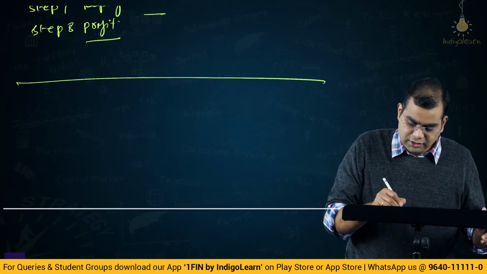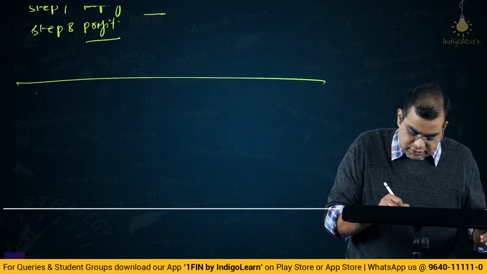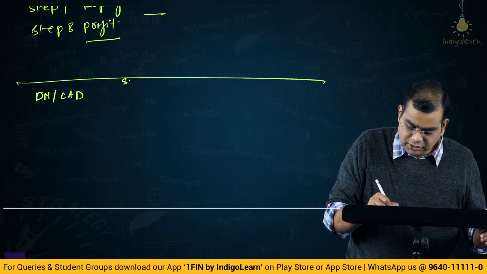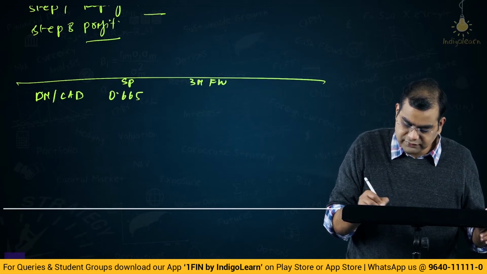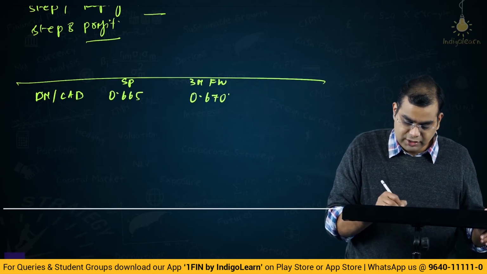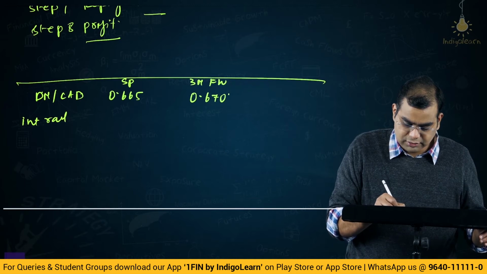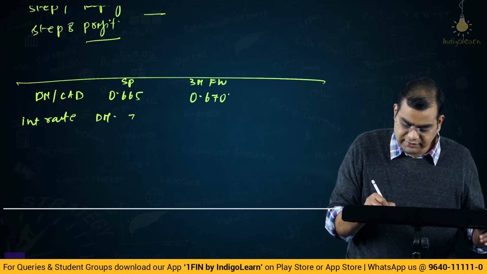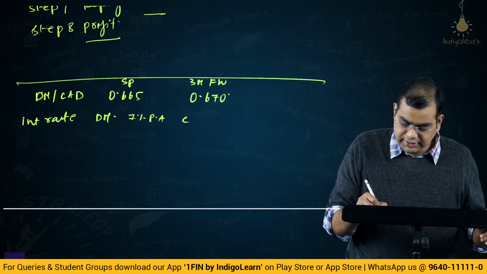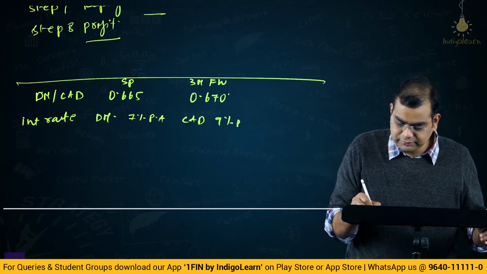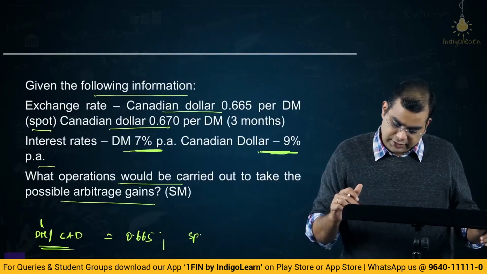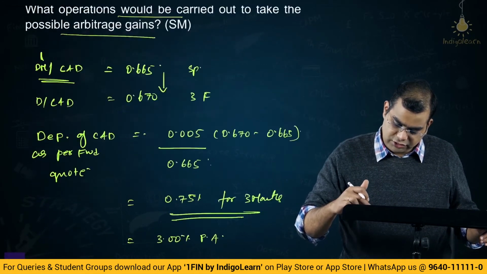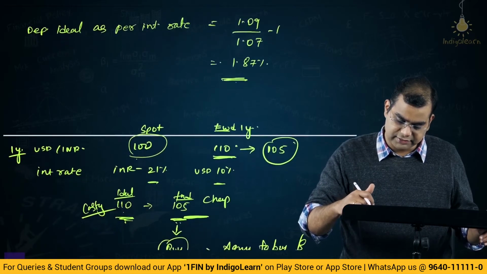It is DM by CAD spot, 3-month forward 0.665, 0.670, interest rate Deutschmark 7% per annum, Canadian dollar 9% per annum. Then we also figured out the annualized rate is 1.87.